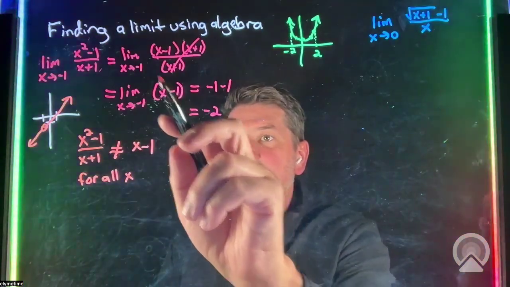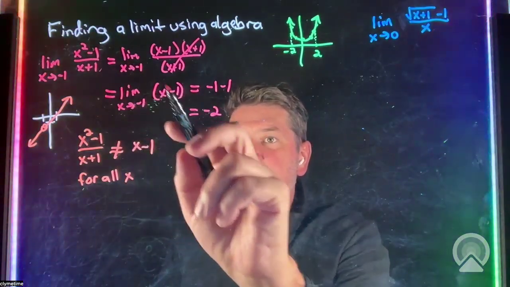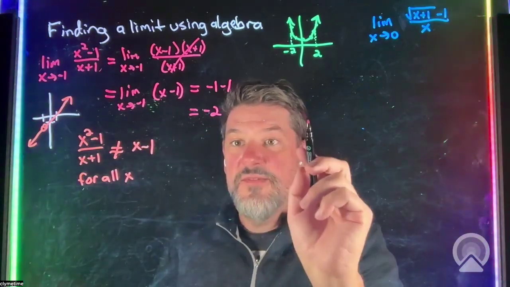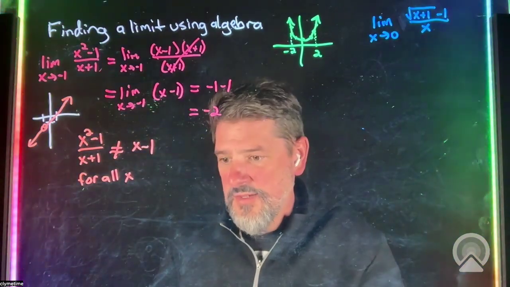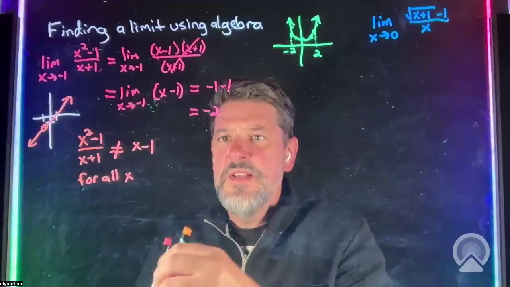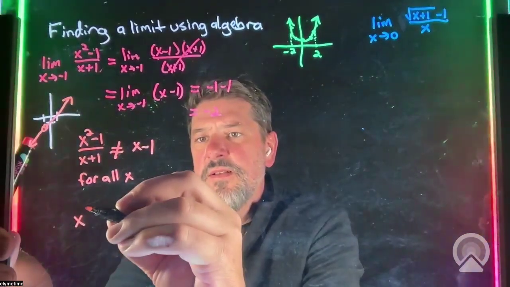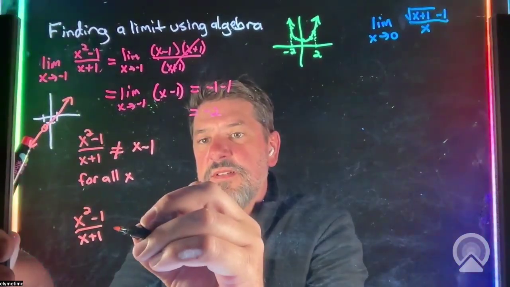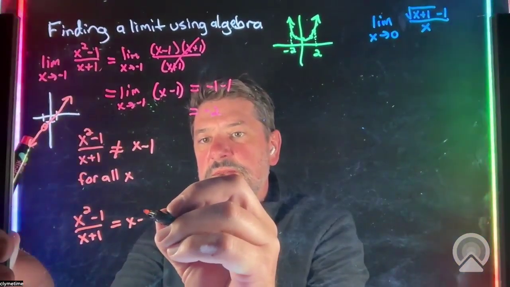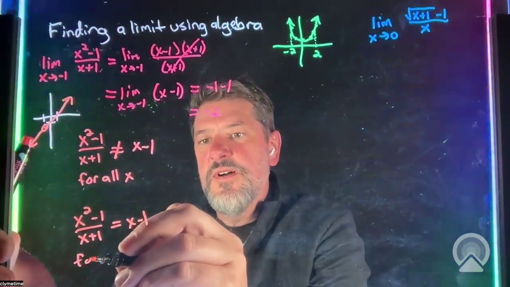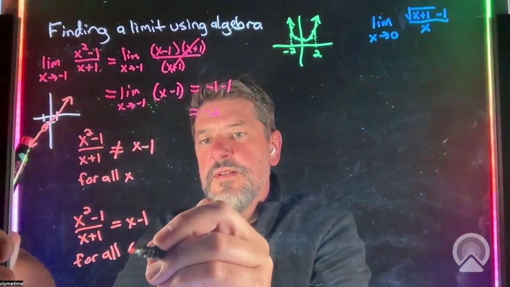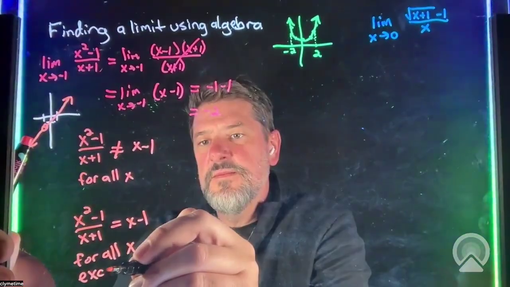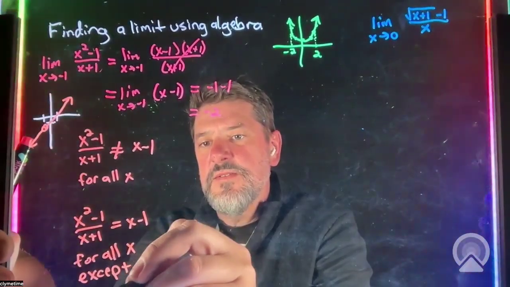And that's because the only thing that keeps these two from being the same, actually they are the same for every value except x is -1. So I'm gonna write that in as well. So (x squared minus 1)/(x plus 1) is in fact equal to x minus 1 for all x except x is equal to -1.